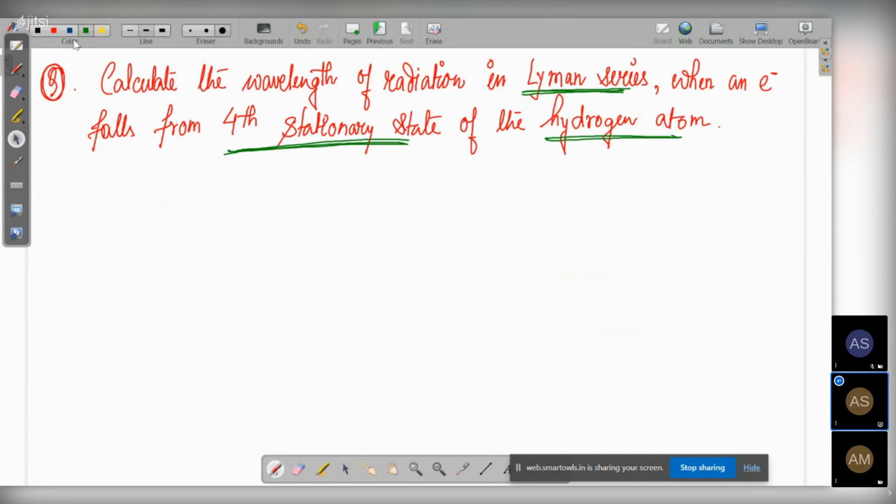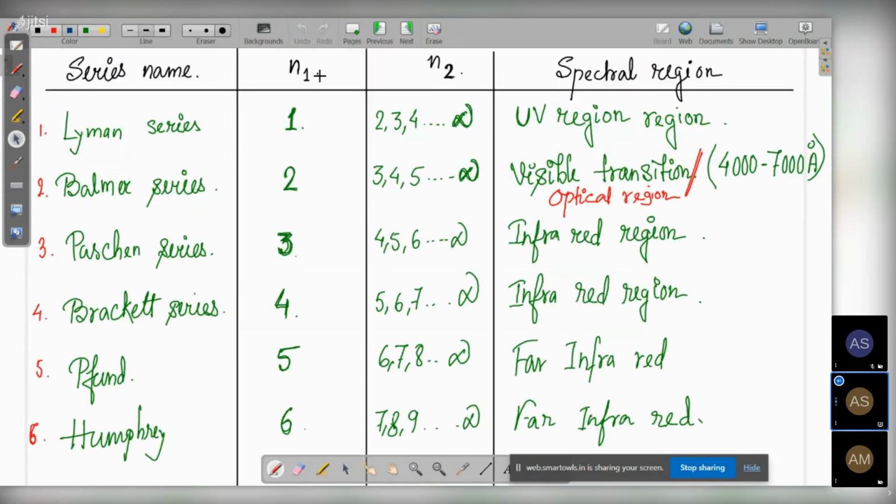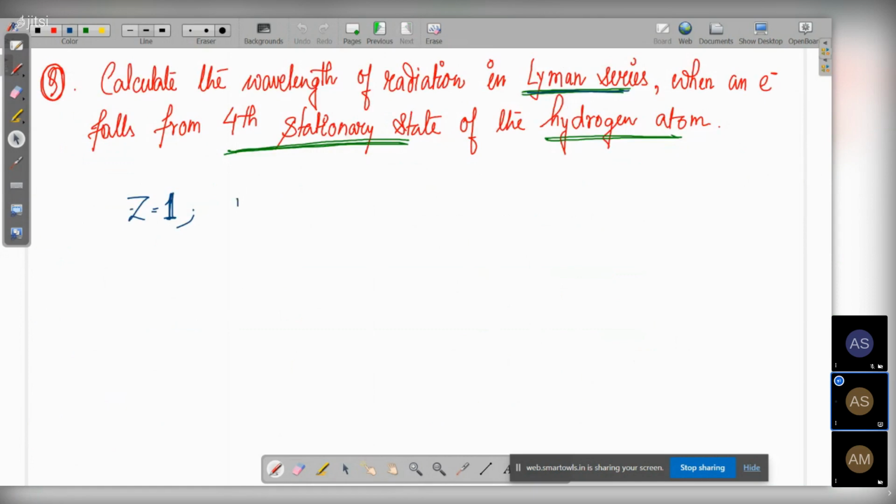Hydrogen atom means Z equal to 1, because the atomic number of hydrogen is 1. Now it is saying Lyman series. For the Lyman series, what is the value of n1? It is 1. So over here n1 is going to be 1.